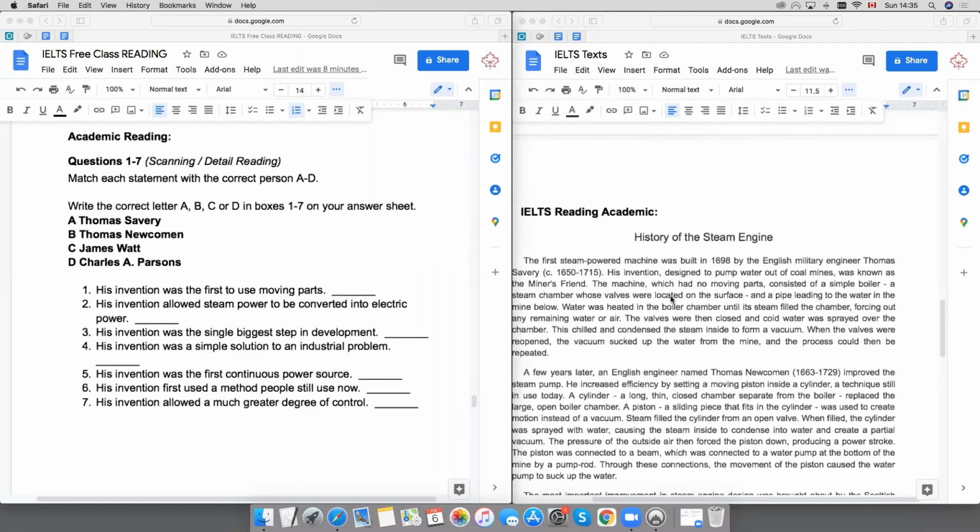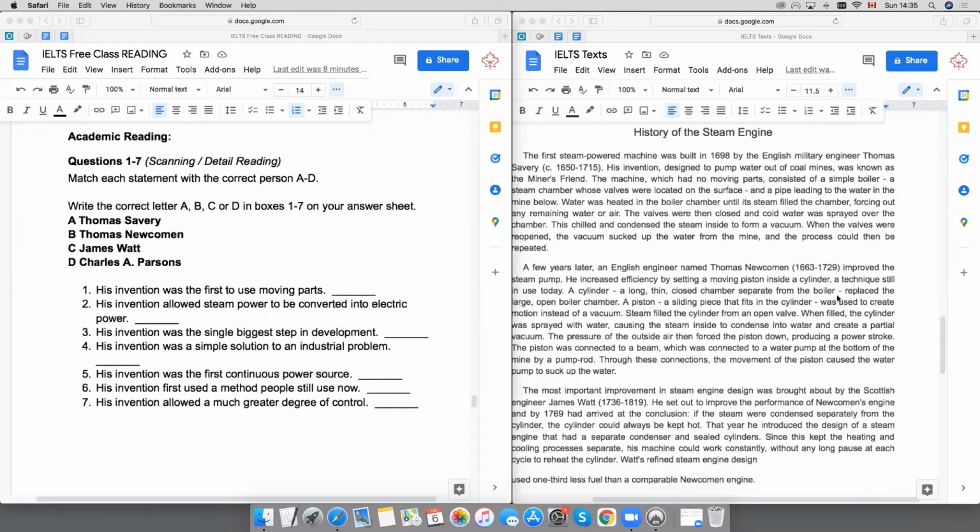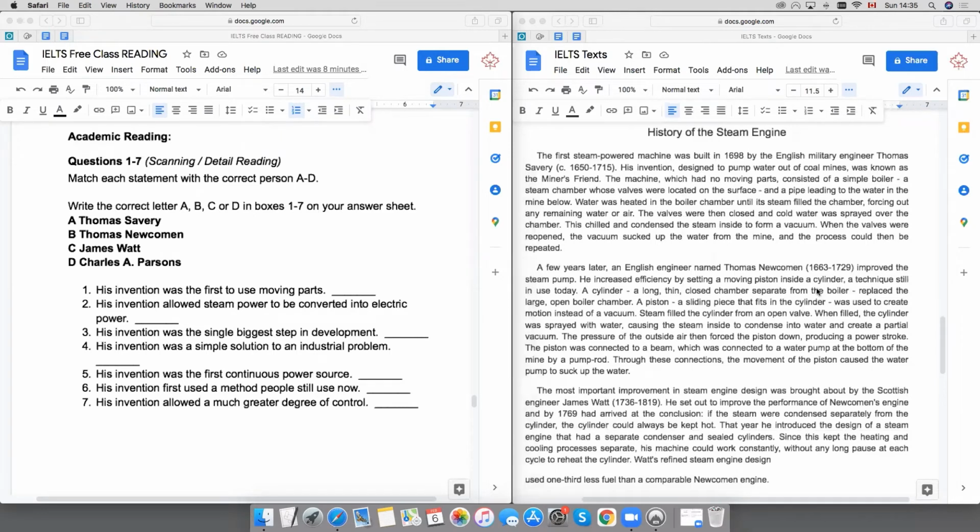We're talking about a topic that we probably are not so familiar with, the history of the steam engine. Unless you're really a hobbyist who cares about steam engines, you probably don't know anything about them. So our paragraphs are bigger. There's more information there. They're harder to organize inside of our mind. So this makes all of our skills that much more important.